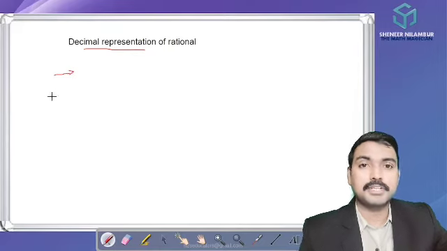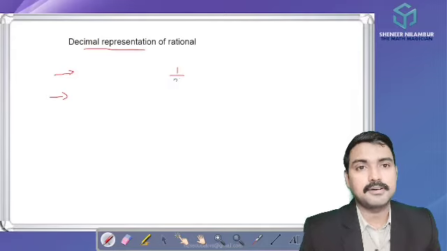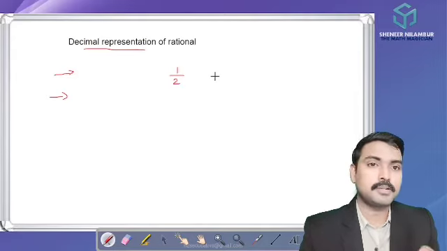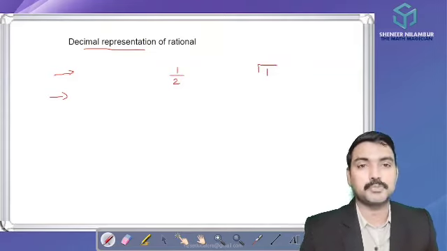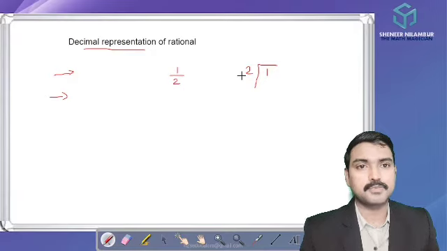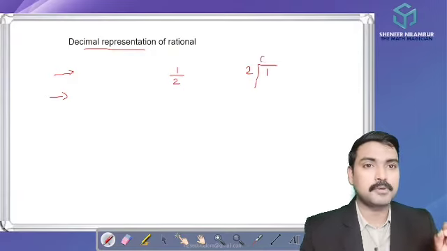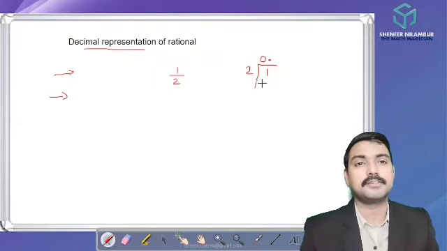As we know, 1 by 2 is a rational number. 1 divided by 2 means we have to divide 1 by 2. Since there is no 2 in 1, we put a decimal point, 0 point, and 1 0 will be given here.